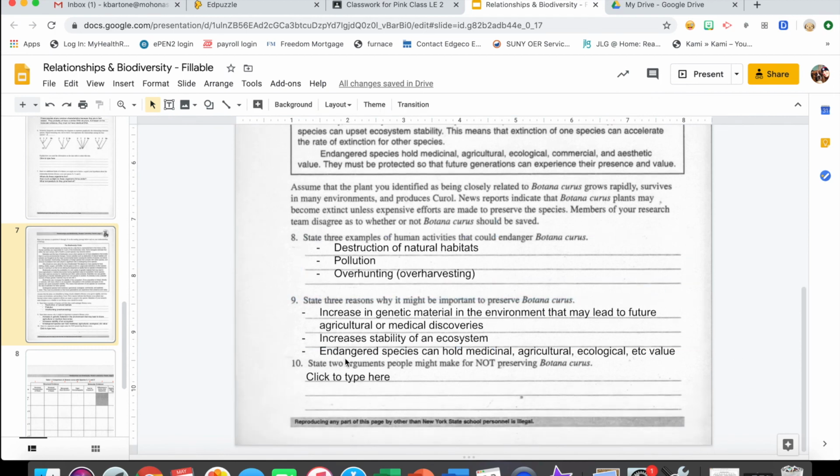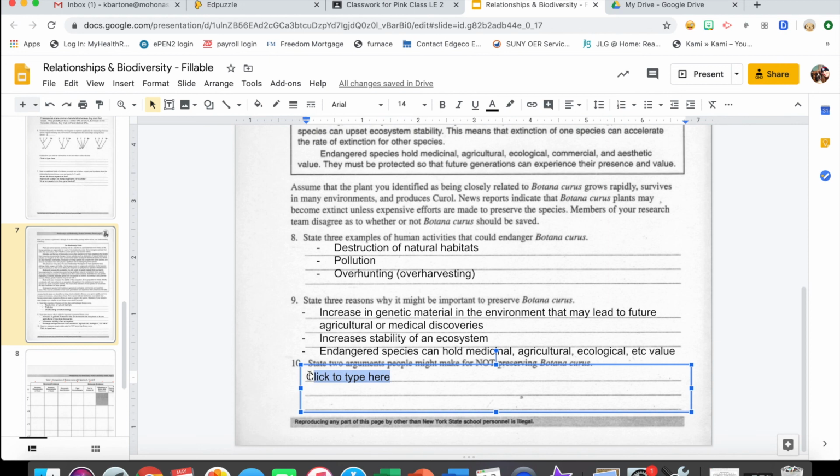Okay, the last thing says state 2 arguments what people might make for not preserving Botanicurus. All right, so great. It's got all these things.